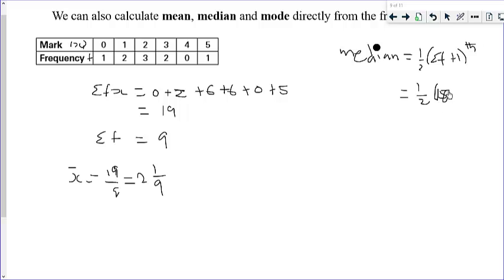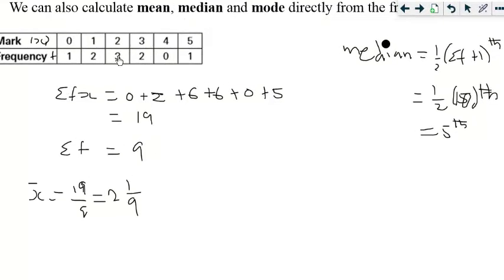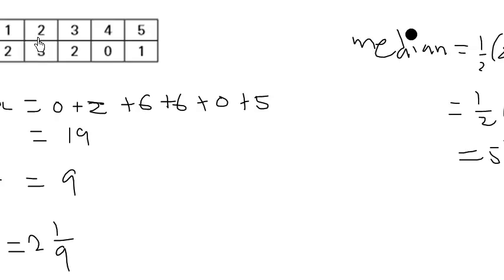Half of 10 will be the fifth item. So the fifth occurrence. So adding from either left or right, we have 1 plus 2, which is 3 plus. So the fifth item is here. And from the right we have 1 plus 2, and the fifth item is here. So the median is corresponding to 2. So the median is 2 marks.